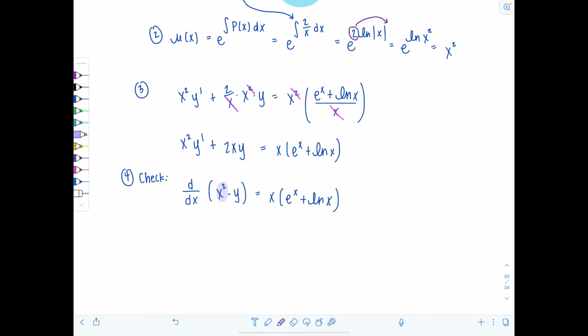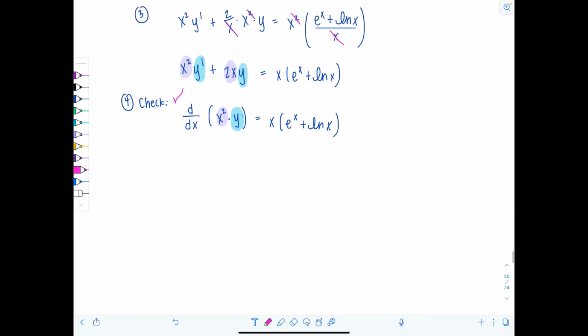So leave x squared alone and then take the derivative of y. Yep, that's y prime. Now take the derivative of x squared. There it is. And then leave y alone. Perfect product rule application. Love it. So everything's checking out. That means you're allowed to proceed to step 5.